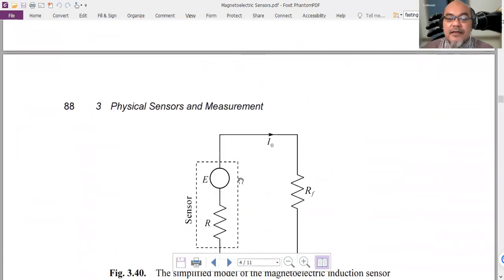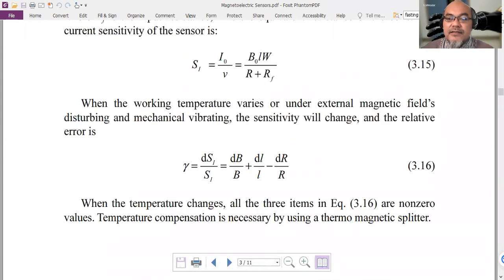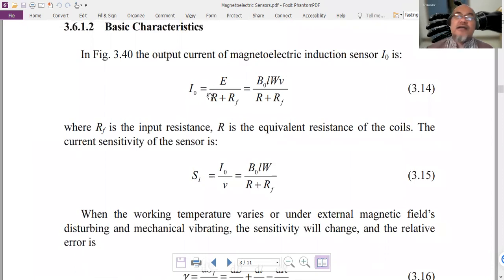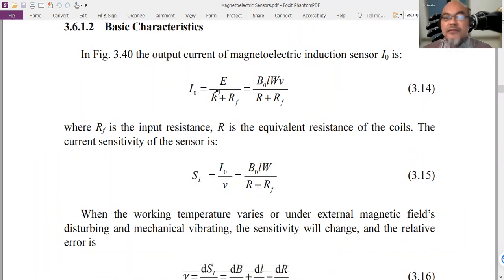Then, as we can calculate using circuit analysis, the output current I0 will be equal to E divided by R plus RF. RF is the input resistance. R is the equivalent resistance of the coils.